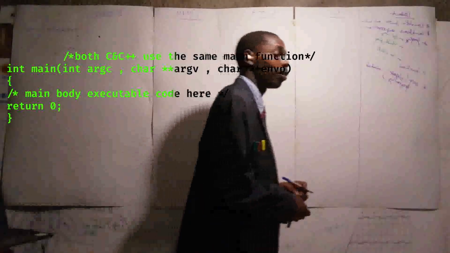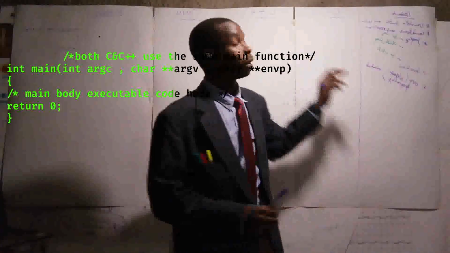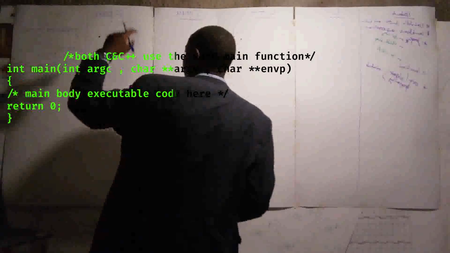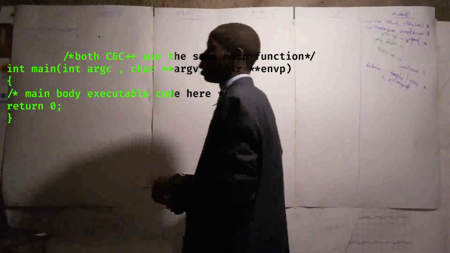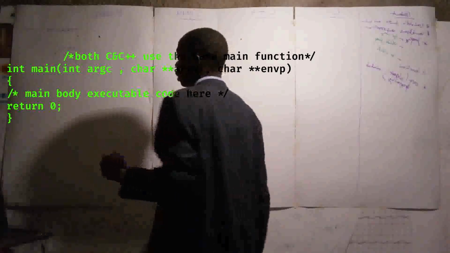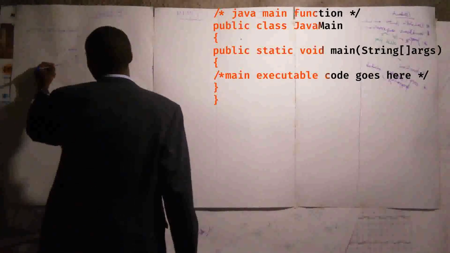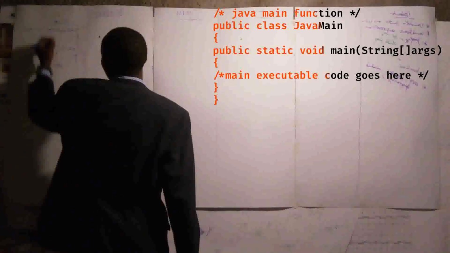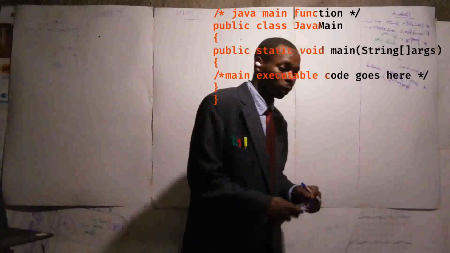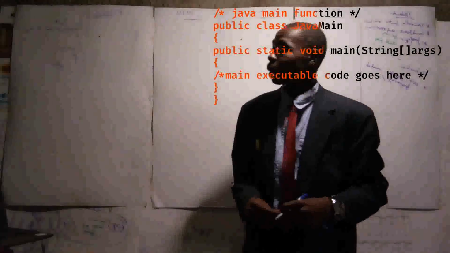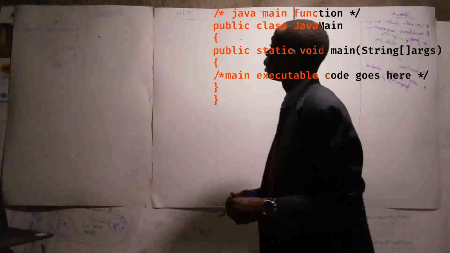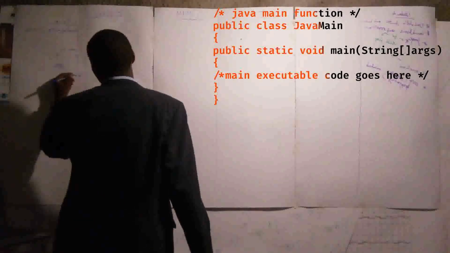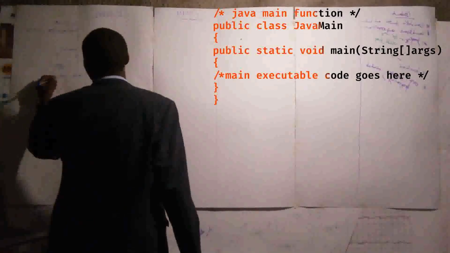This is the main function of C and C++. For Java, the main function is different. In our Java code, the main program should declare a public class, and then the class name.